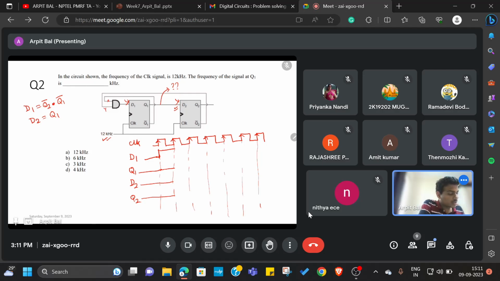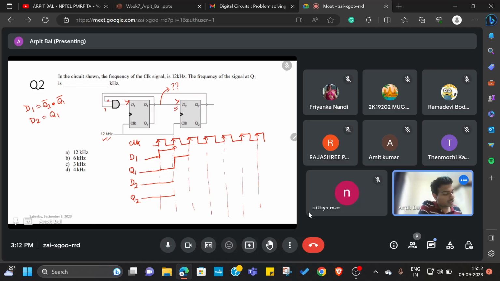Now let us figure out what happens at the second clock edge. At the second clock edge, Q1 becomes 1 because it takes the previous value of D1.